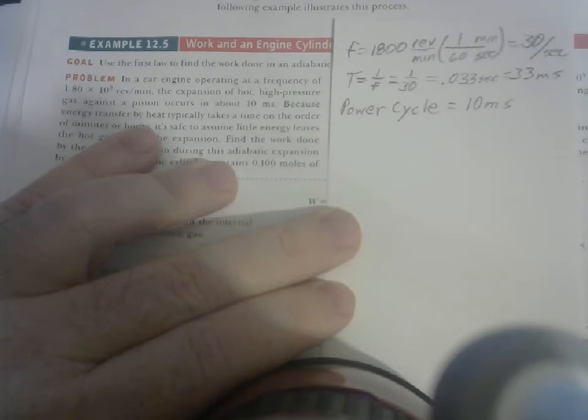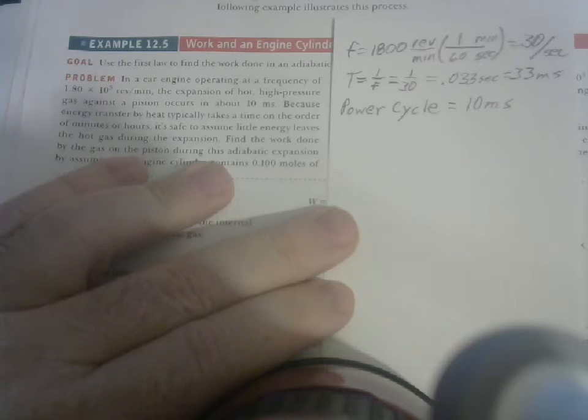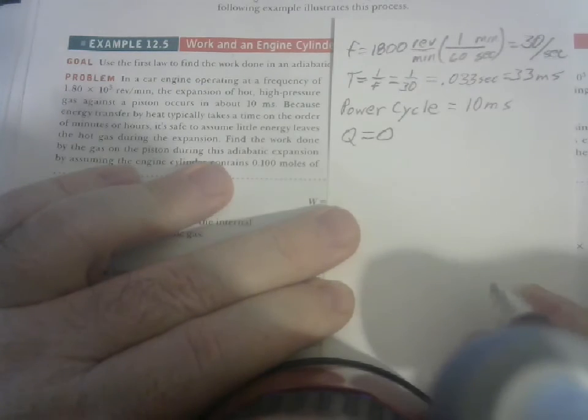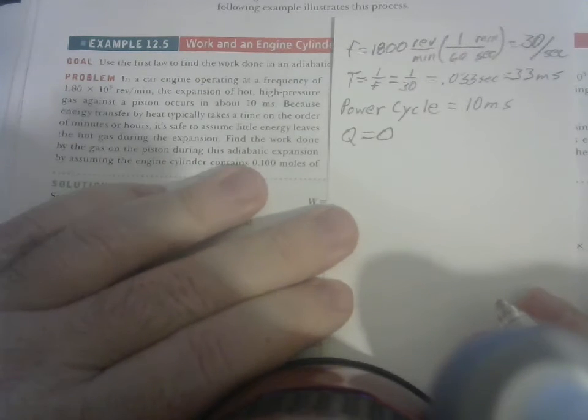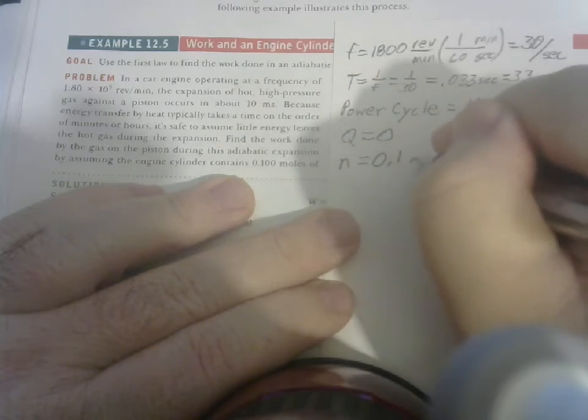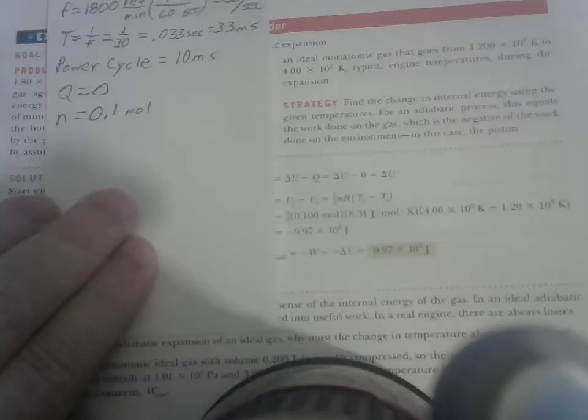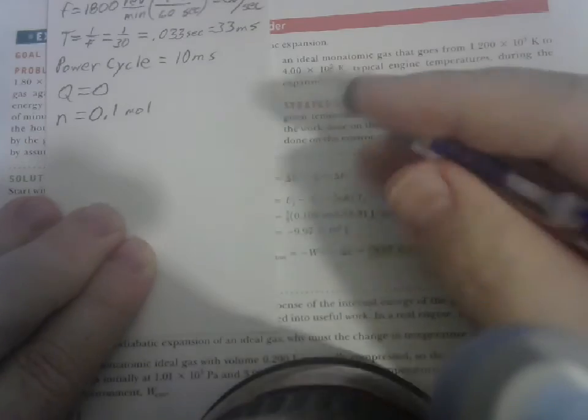and stuff like that. Because energy transfer by heat typically takes time on the order of minutes or hours, it's safe to assume very little energy leaves the hot gas during the expansion. So we can say Q equals 0. Find the work done on the gas on the piston during this adiabatic expansion by assuming the engine cylinder contains n equals 0.1 moles of an ideal monatomic gas, so degrees of freedom is going to be 3.